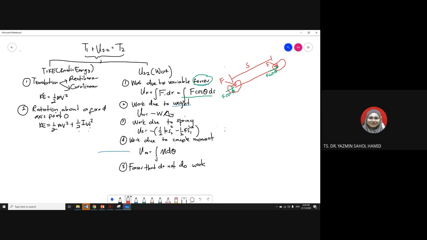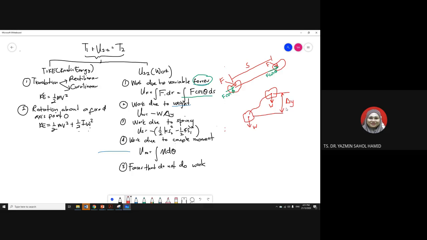Next is due to weight. Okay, we also have work of a force due to weight. So the weight of this body, let's say we have a weight again with a bean shape. This weight of the body is causing the bean to move to another position due to weight. So this distance here is what we call delta y.